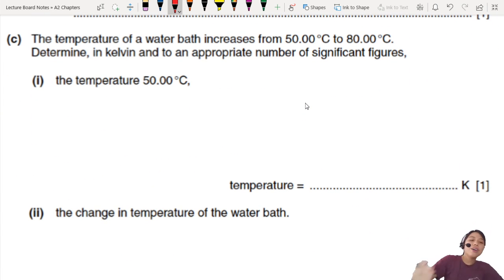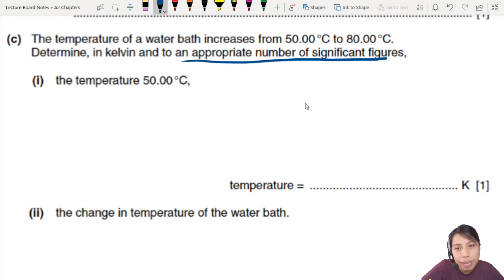Okay, last one, a conversion question, very similar to the one we did before. Temperature of the water bath increased from this to this. Determine in Kelvin, with an appropriate number of SF. They remind you, please remember to round properly. Determine the Kelvin of 50 degrees. Here you have to be very careful already.